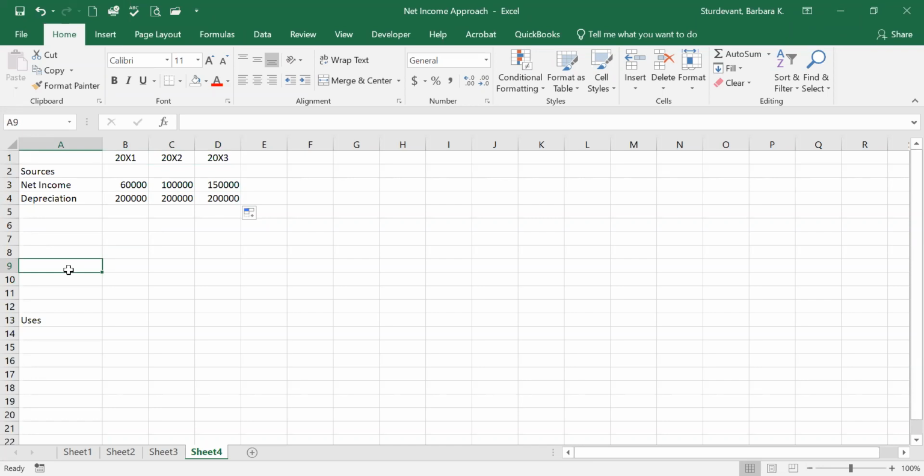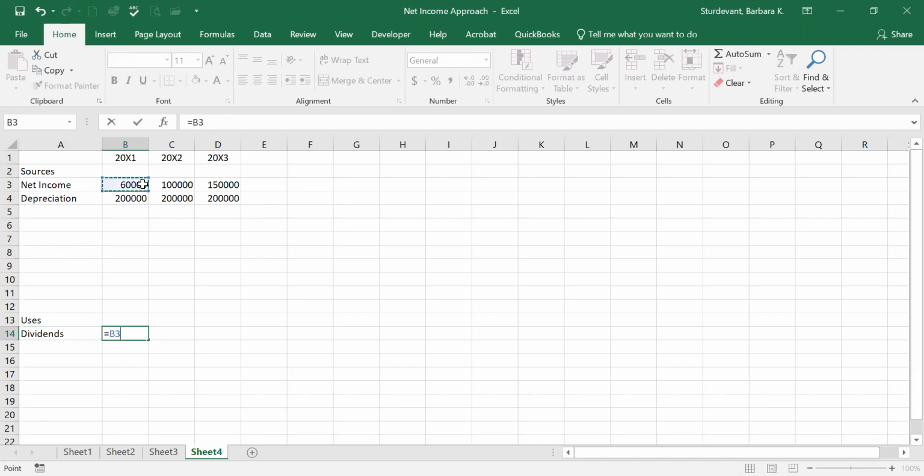So first thing they tell us is dividends. And dividends are going to be 30% of the net income. Source or use? Use. Okay. And so we're just going to take the net income and we're going to multiply it by 30%.